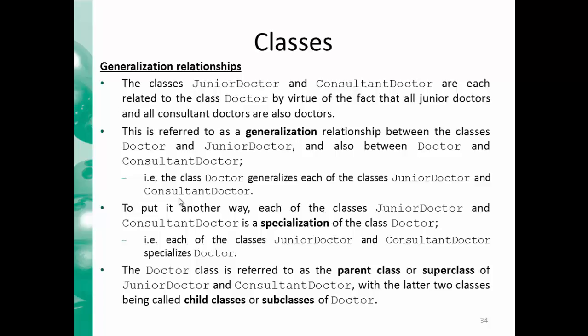which means that class doctor generalizes each of the classes junior doctor and consultant doctor. And in object-oriented programming, we call doctor a superclass for the subclasses junior doctor and consultant doctor. Or in some situations, we call it a parent class for those two classes.